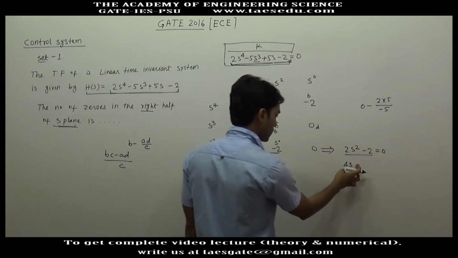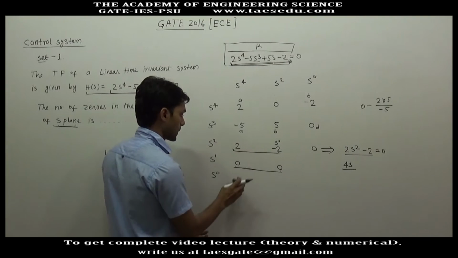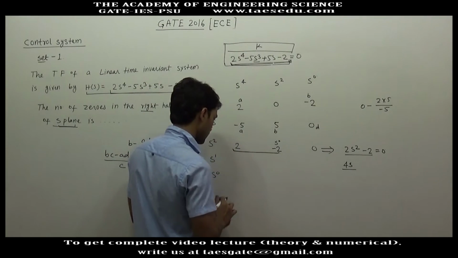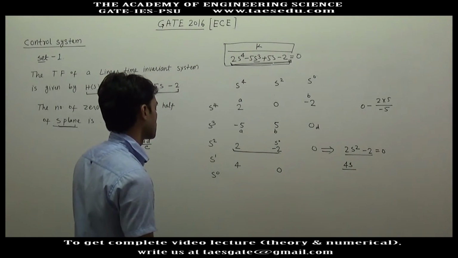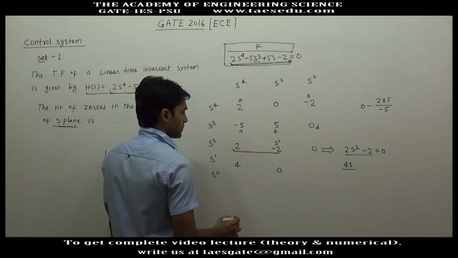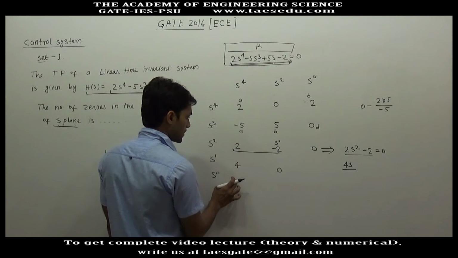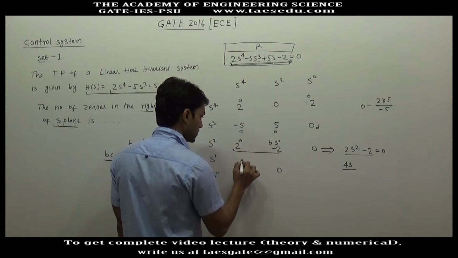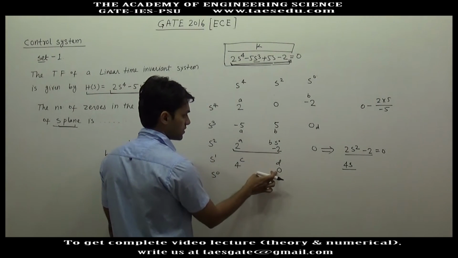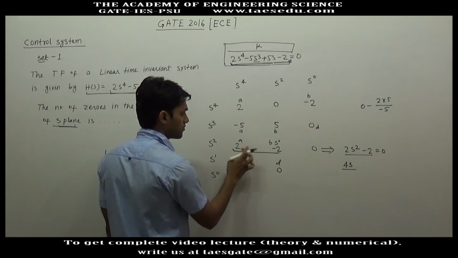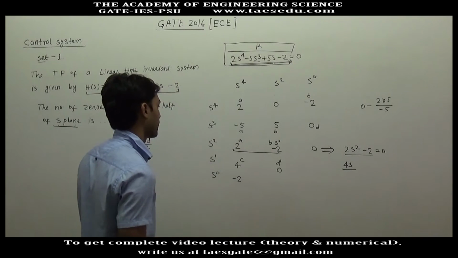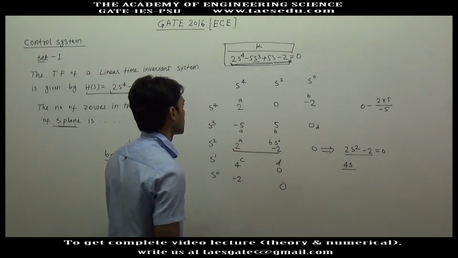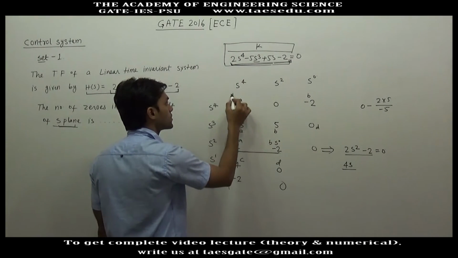So the coefficient of s will be 4. Here we will write 4, and this will be 0. To find this element, this will be a, this will be b, this is c, and this is d. Since d is 0, ad will give you 0, so we will have minus 2 only, and here 0.